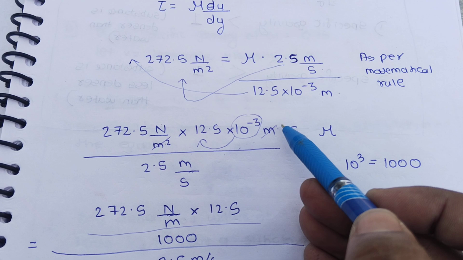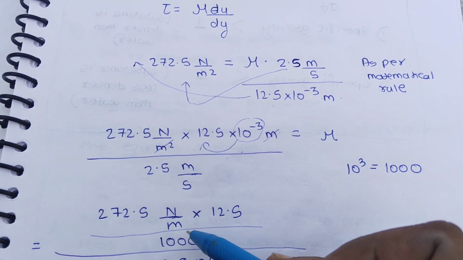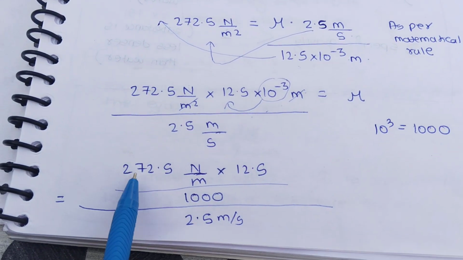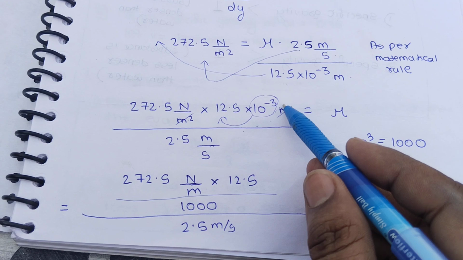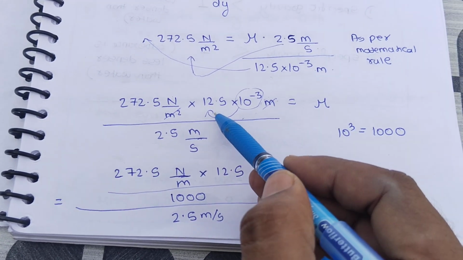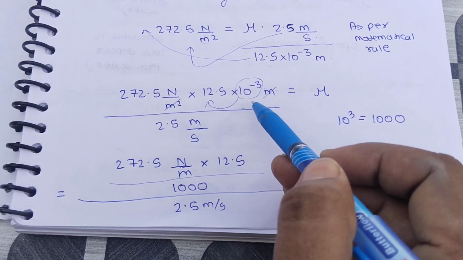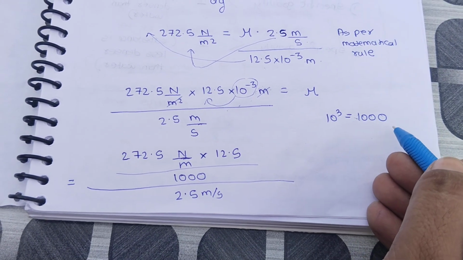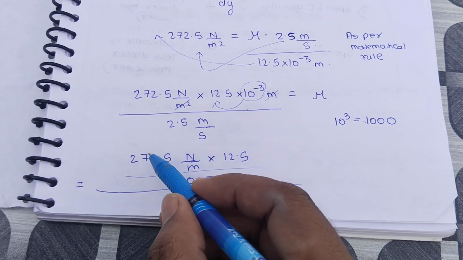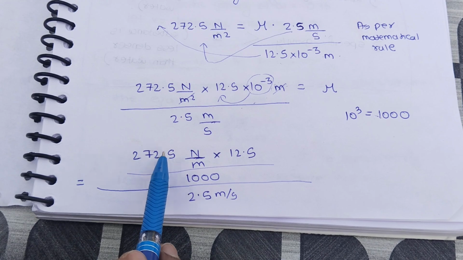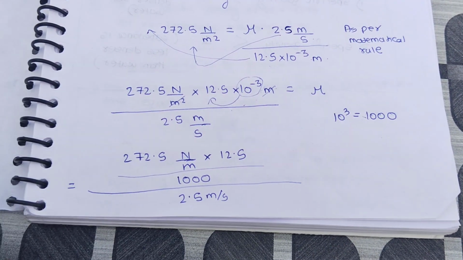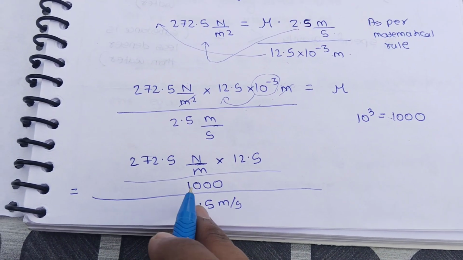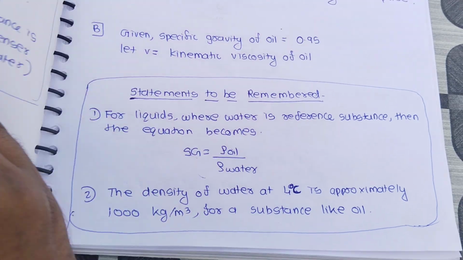Meter will get cancelled, so Newton per meter will remain and meter per second. Here 10 raised to minus 3, if it comes below 12.5, will become 10 raised to 3, and 10 raised to 3 will be written as 1000. So first calculate on the calculator 272.5 multiplied by 12.5 divided by 1000. What value will we get?